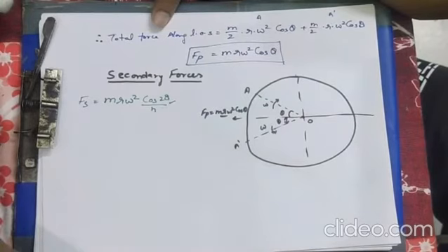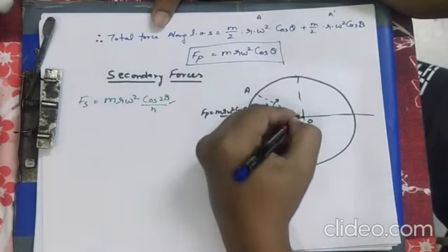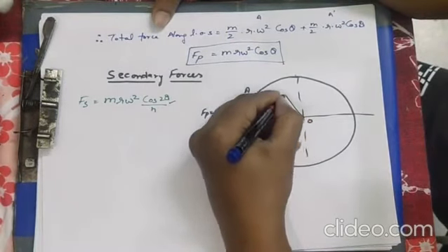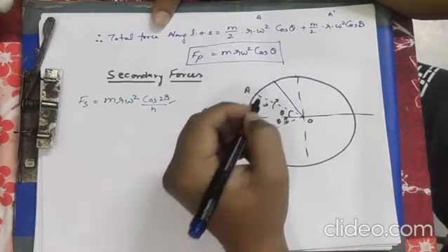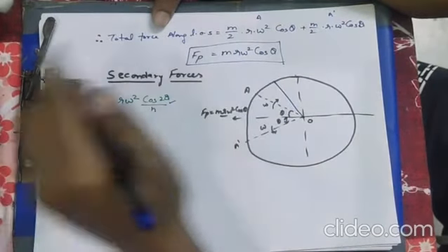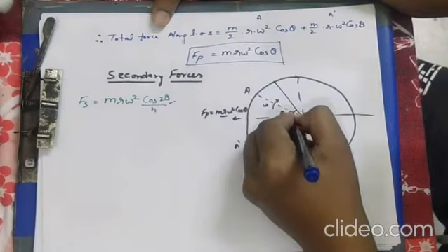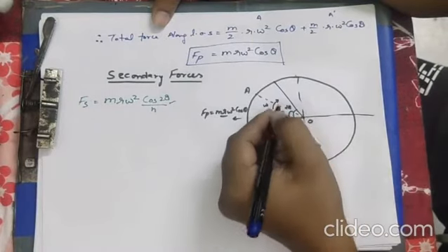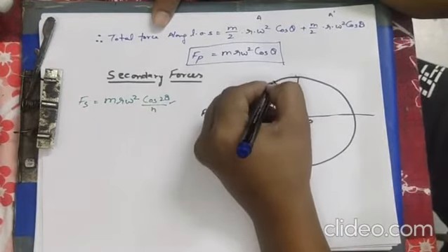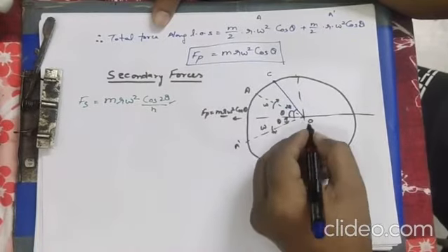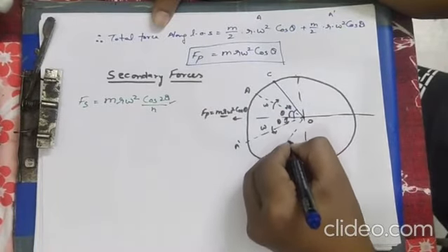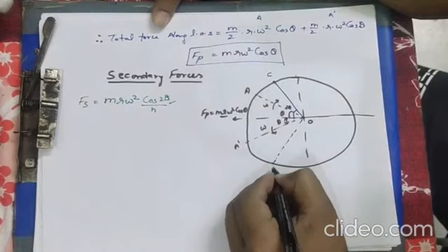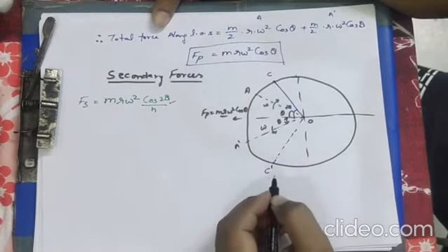That means this distance traveled, say 2 theta, suppose this is OC, and we are drawing the reverse crank also, this is OC dash.